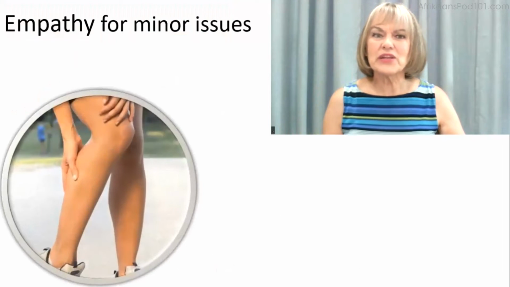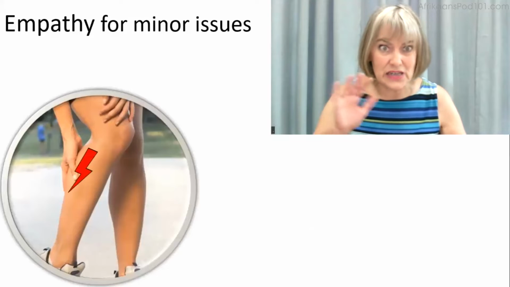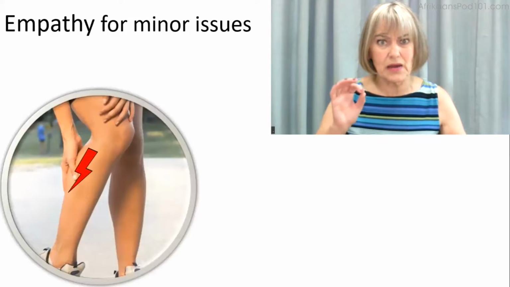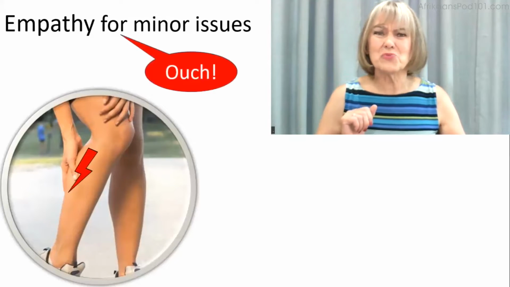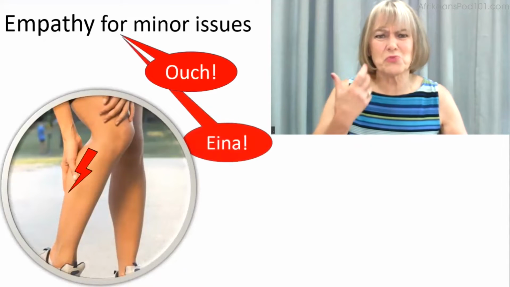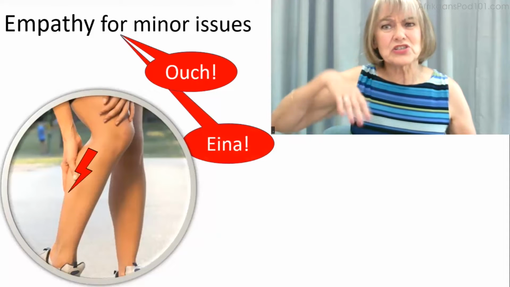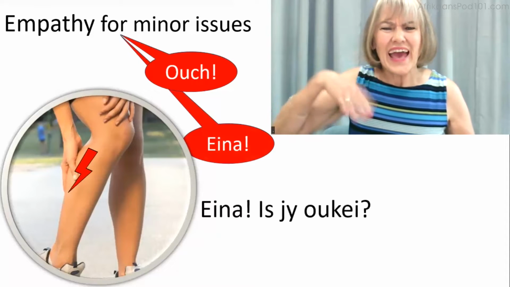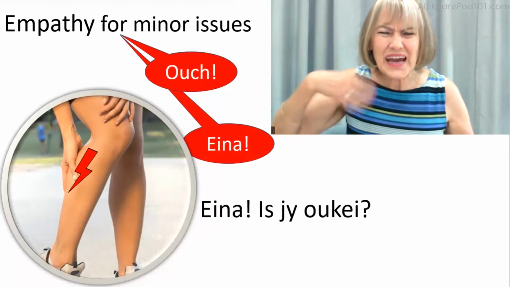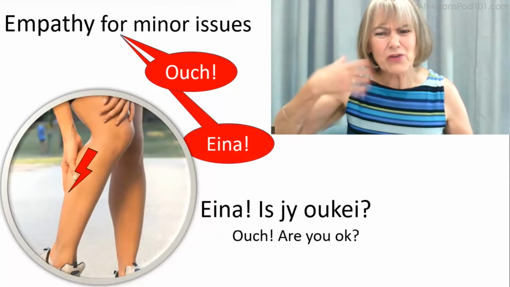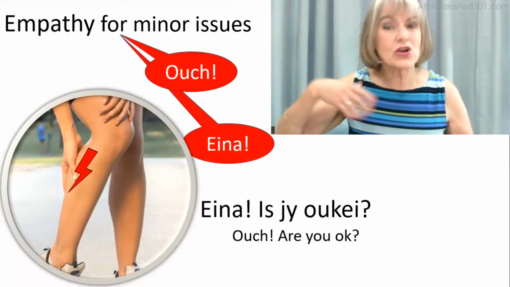Let's go to the next one. This is if somebody gets hurt, but not seriously hurt, just a little minor issue. You want to commiserate and empathize with the person. You're saying, ouch. You're feeling for that person, and you shake your hand like this, and you say, Eina, is jy okay? That means, ouch, are you okay? Let's try it.